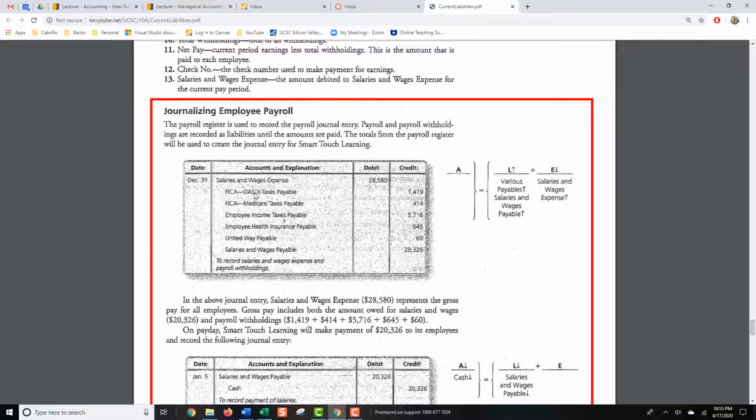This salary and wage expense is the gross pay. And the salary and wages payable is your net pay. So all these credits here are your payables. Those are your short-term payables.